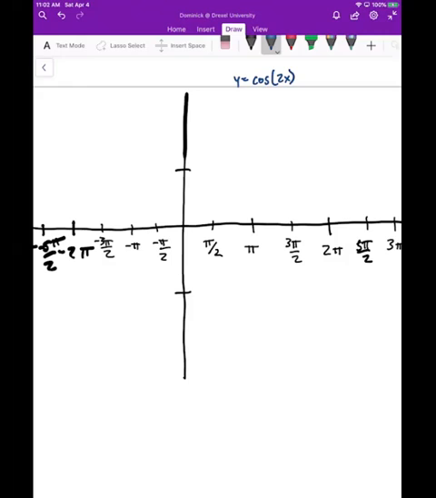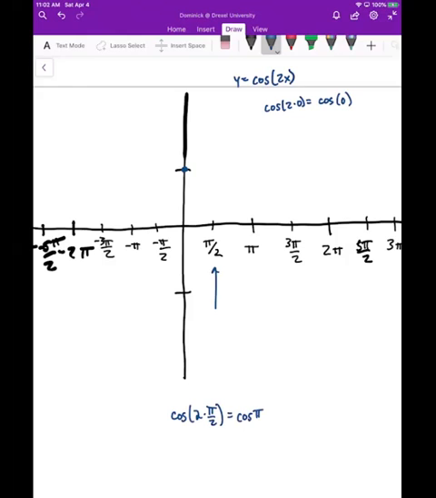So what's going to happen here is that at 0, cosine of 2 times 0 is still cosine of 0, so that's still going to be a 1. But now what happens at pi over 2? Well, at pi over 2, I need to do cosine of 2 times pi over 2, which is cosine of pi.